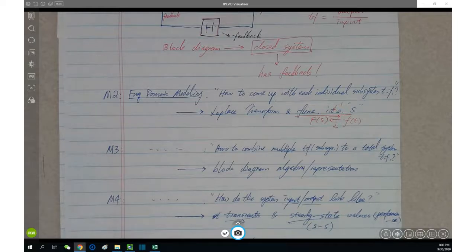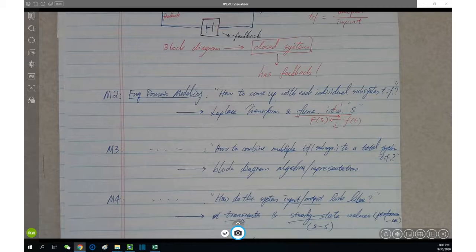We are studying the transient and steady state and other specifications for evaluating the performance of the system, right? You're checking output, however, you're evaluating the performance of the system. Does this make sense? So this is the overall picture, or the idea about this module.